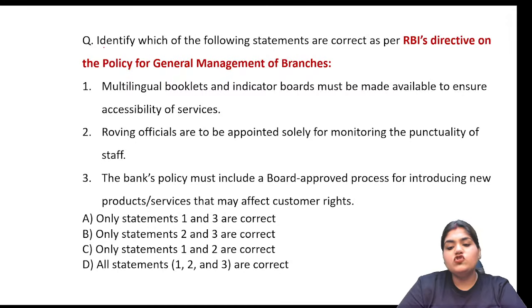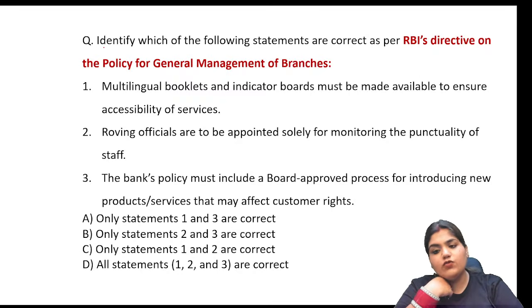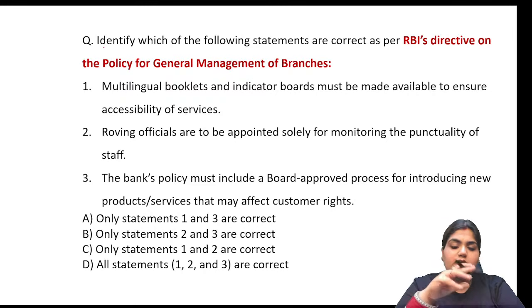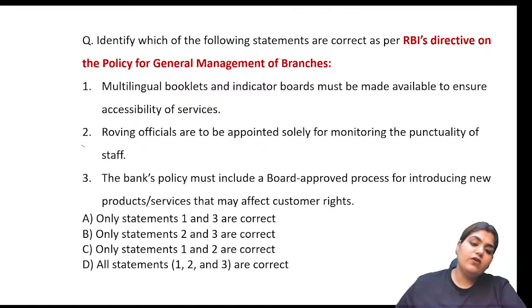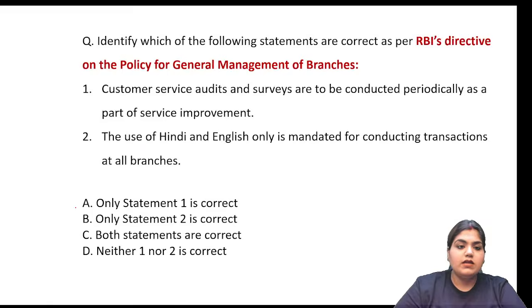The roving officials are extended to ensure employees' responsiveness and assist customers. They do not check the punctuality of the staff. They see what the person needs and they help them out. Statement number 2 is incorrect. That will give us A as the correct answer. Very good. Next question.